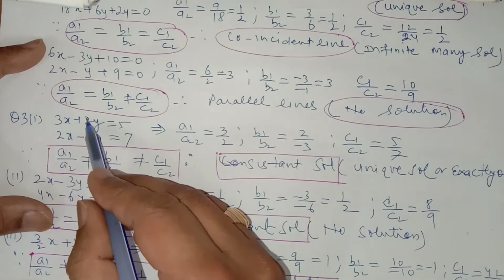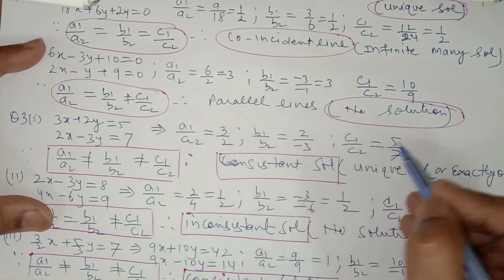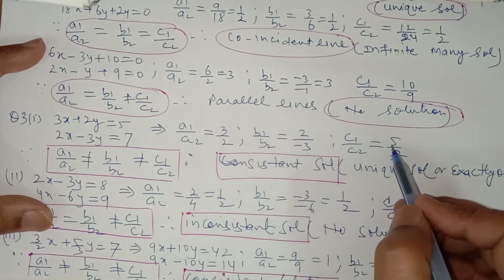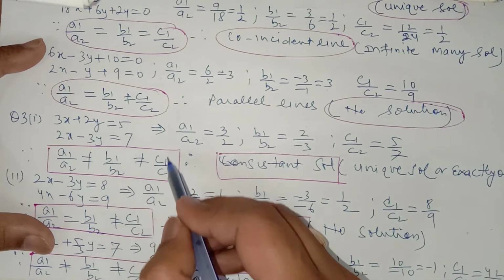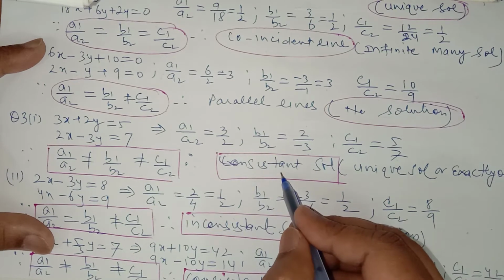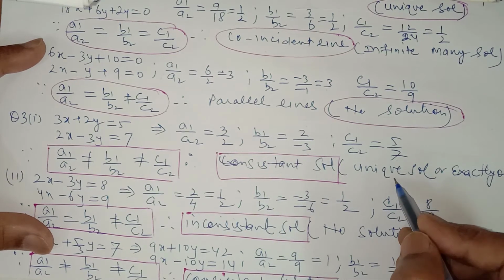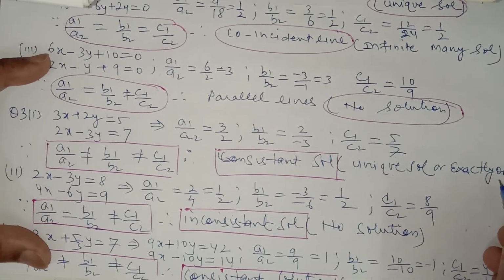So a1 upon a2, b1 upon b2, c1 upon c2 come out to be 3 upon 2, 2 upon minus 3, 5 upon 7. All the ratios are not equal, that is, a1 upon a2 is not equal to b1 upon b2 is not equal to c1 upon c2. So it will have a consistent solution, or unique solution, or exactly one solution.